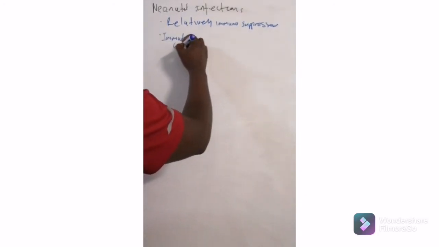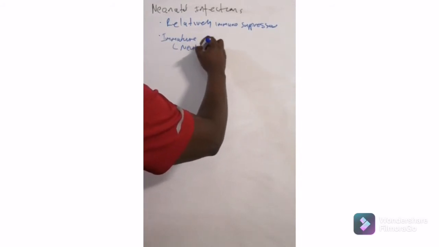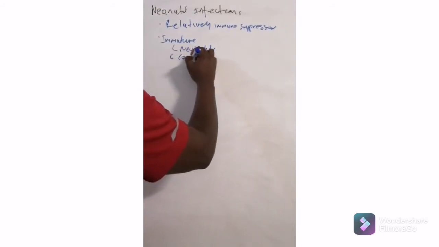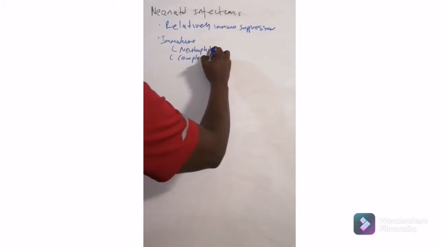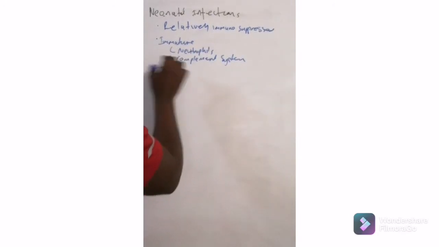Like they've got immature neutrophils, they've got immature complement system.